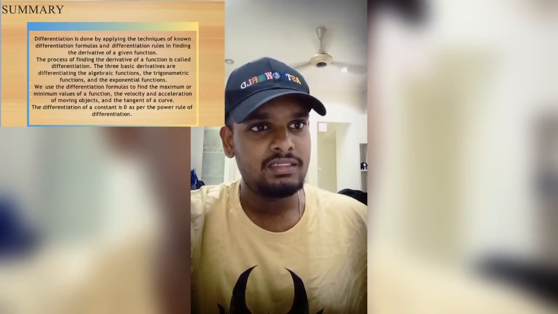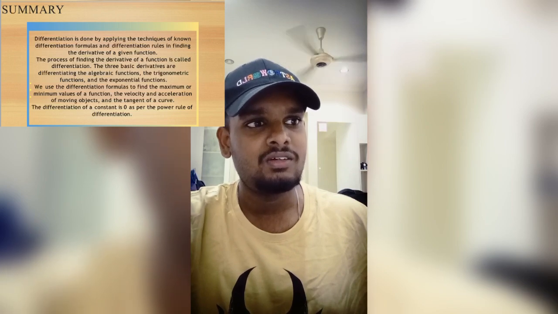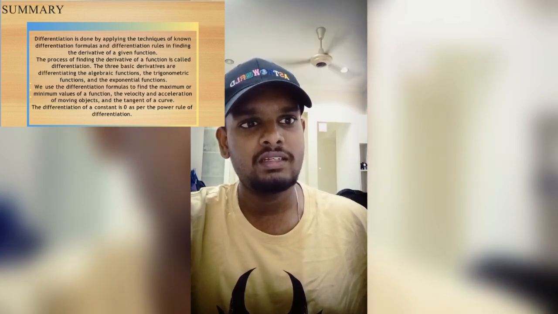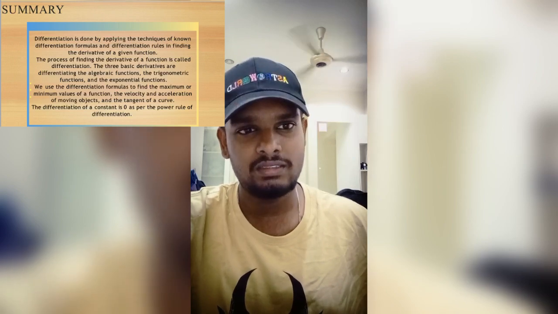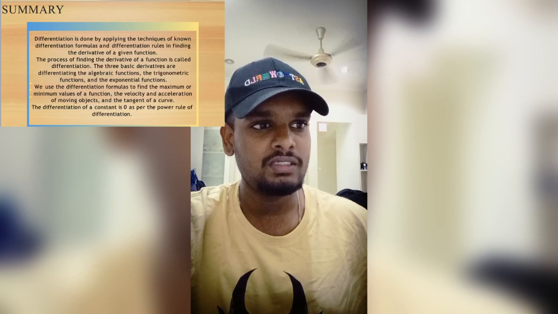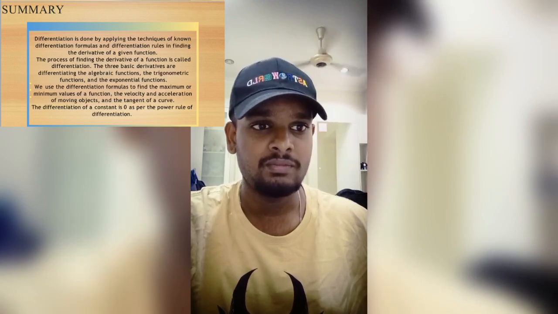Now for the summary of our presentation. Differentiation is done by applying known formulas and rules to find the derivative of given functions. The process of finding the derivative of a function is called differentiation.